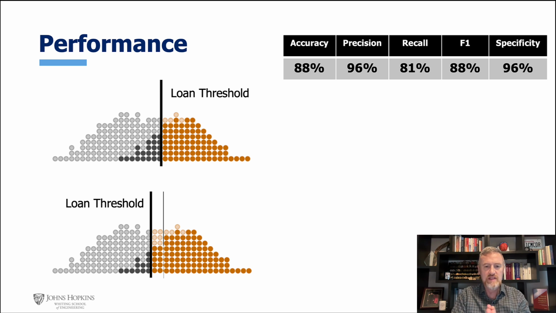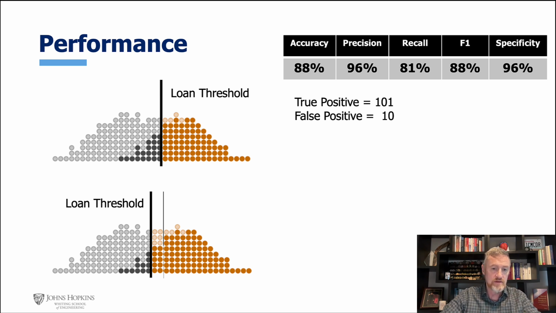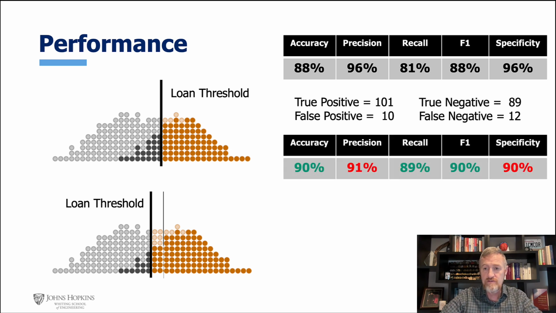I just move it to the left. How does that change these numbers? Well, I now have 101 true positives instead of the score in the 90s. I have more false positives. Instead of having 4, I'm now up to 10. I have changed the true negatives, of course, and false negatives.